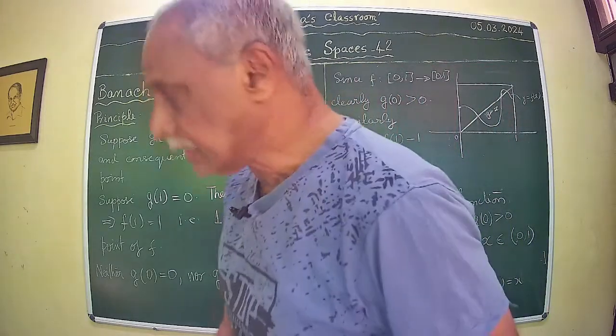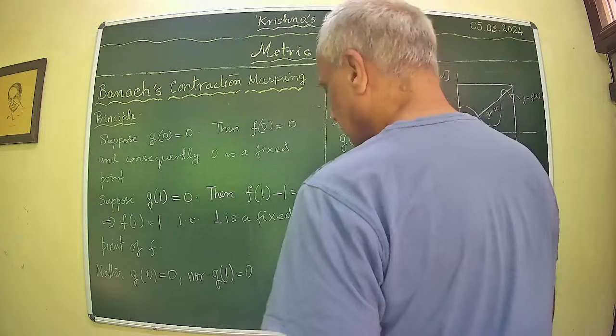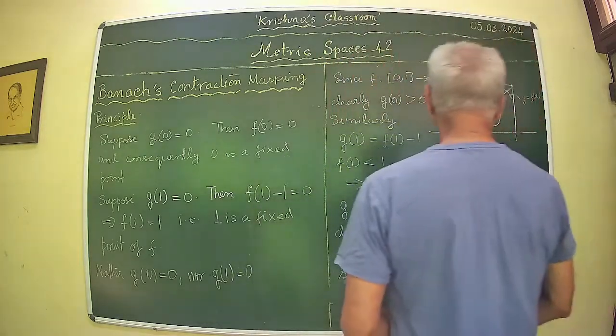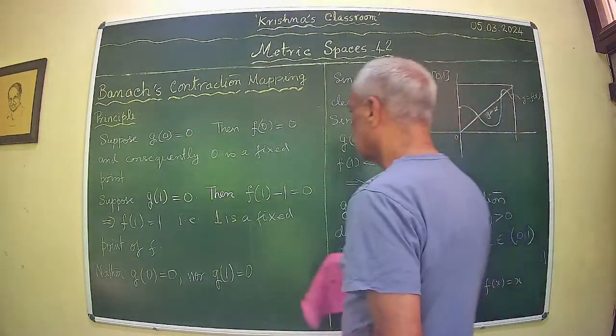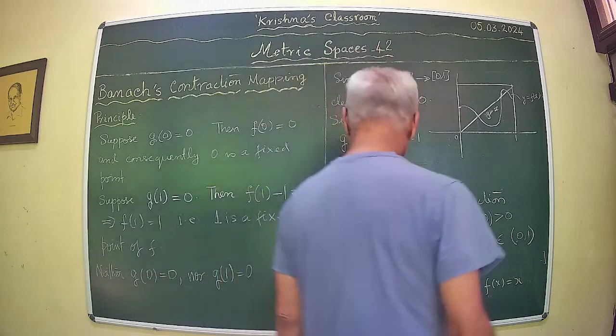So there exists a fixed point. We have given a very elementary proof using basic calculus. We have essentially shown that there is a fixed point for the function f. Okay.